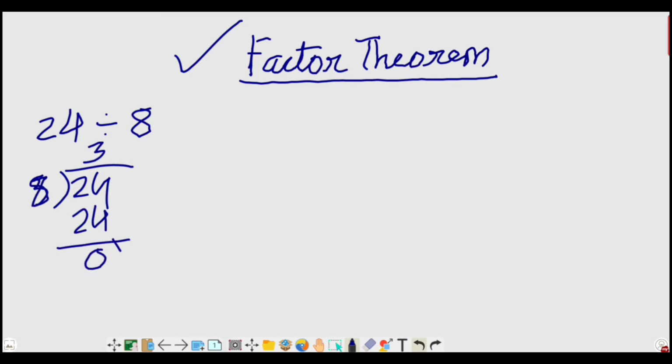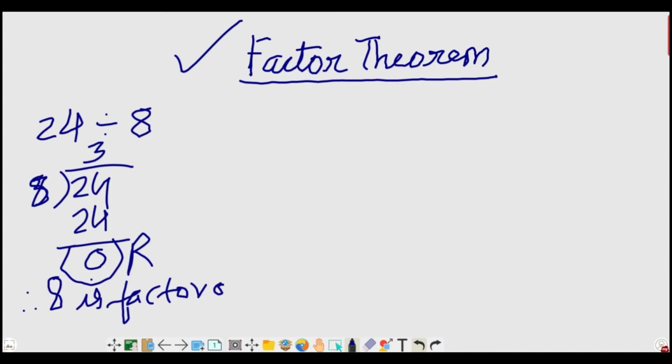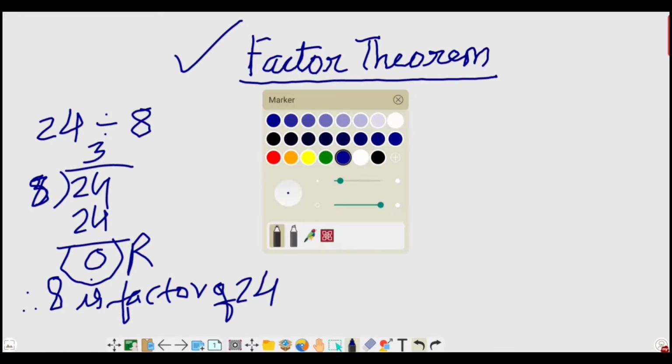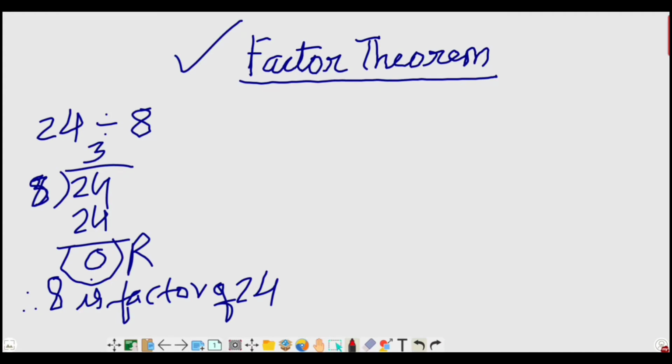So you are getting your remainder as 0. So you conclude that 8 is a factor of 24. In the same way, instead of 8, if I consider 9, then what will be your conclusion? That 9 is not a factor of 24.